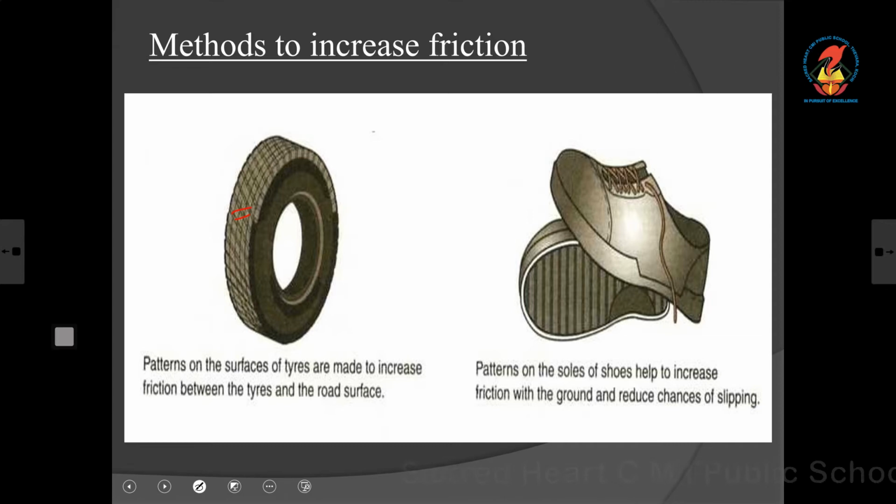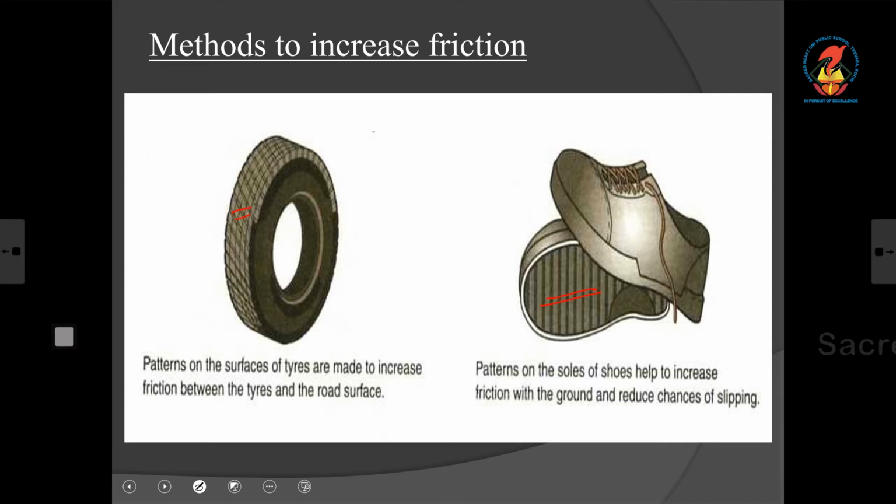They give a better grip between the tire and the road surface. Here you can see patterns on the sole of your shoe. That also helps increase friction between the ground and the shoe, and it will reduce the chance of slipping.